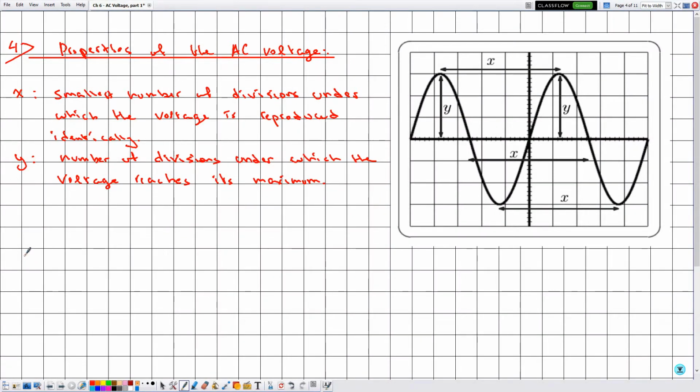Now why is it important to define the values of X and Y? Because related to X and Y we will extract the properties related to the AC voltage. Now let me start with the maximum voltage.